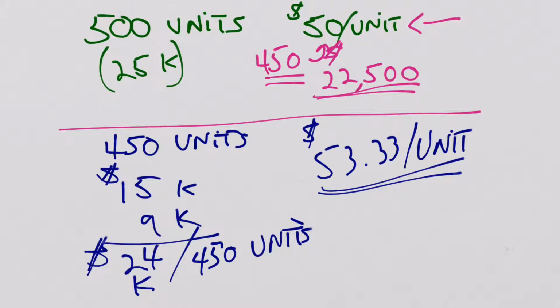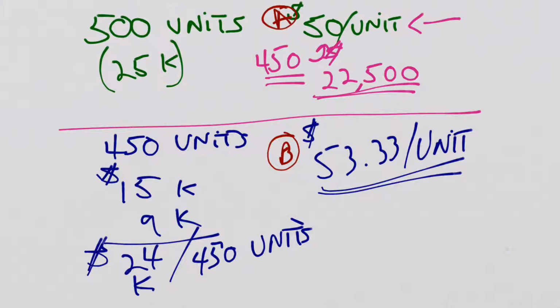So you can see now what has to happen, since the actual here is at $50 per unit and the budget here is at $53.33. It looks like our overhead costs per unit have gone up, leading to an unfavorable result in our volume because we got less volume. So the volume variance really doesn't tell you a whole lot except what you would expect: if you have fewer units produced, it's going to have an unfavorable result.